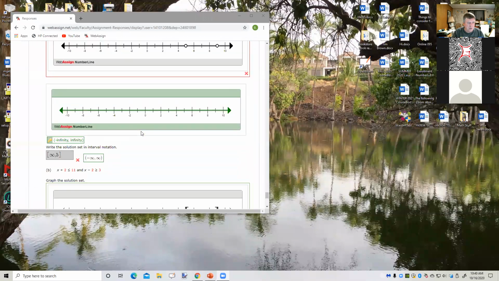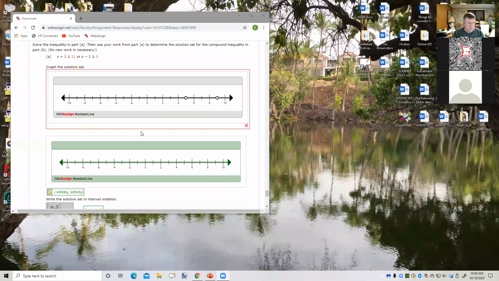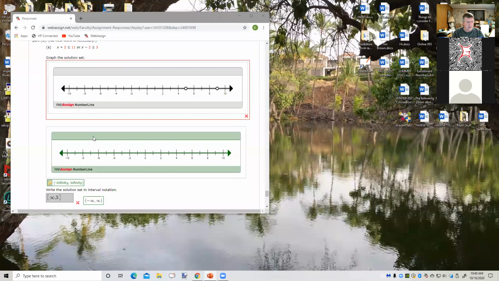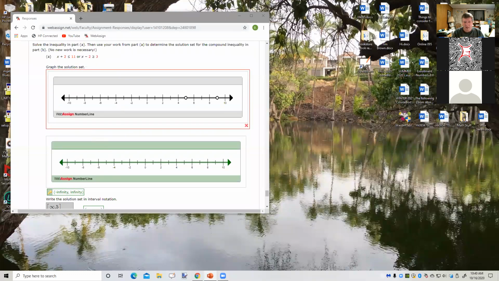And again, the student got part B right, so we'll just look at what's going on with part A. It says x plus 2 less than or equal to 11, or x minus 2 greater than or equal to 3. And it looks like we're supposed to graph it and write it in interval notation.